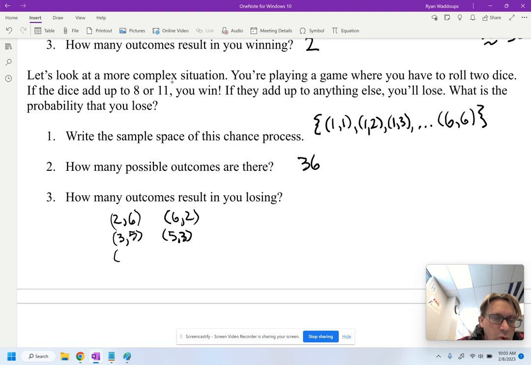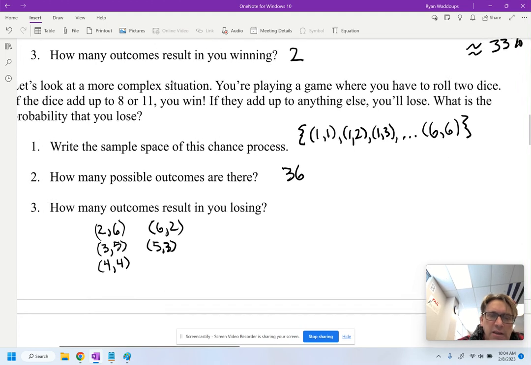We could have a 4 and a 4. There's only 1 4 and 4. Those are all of the ones that add to 8.